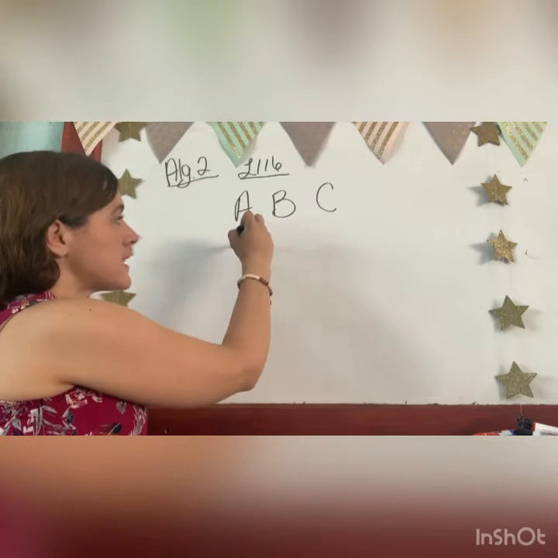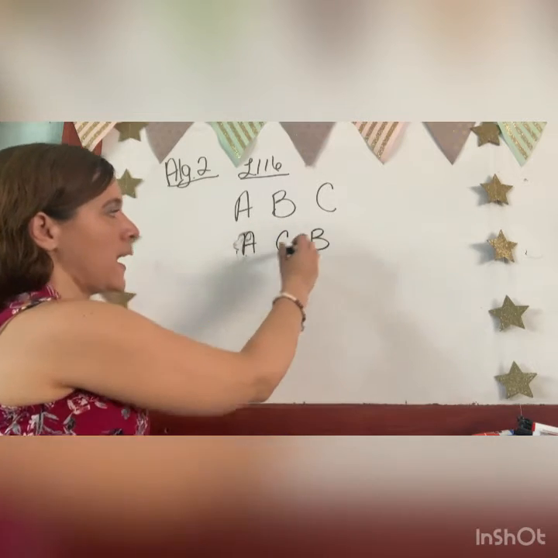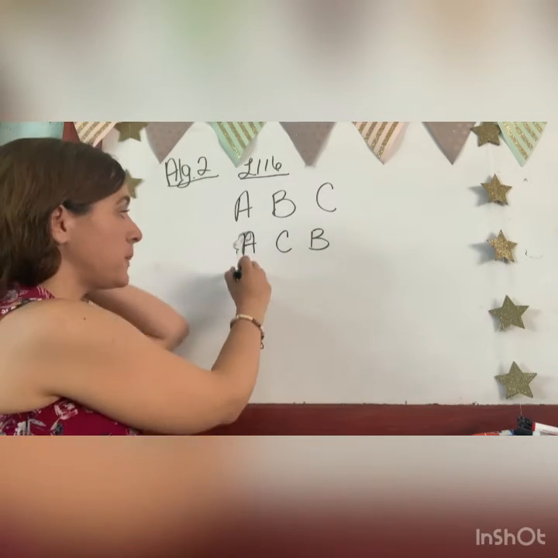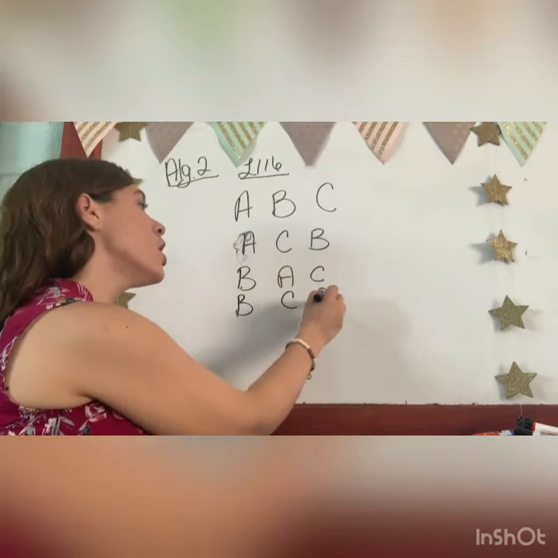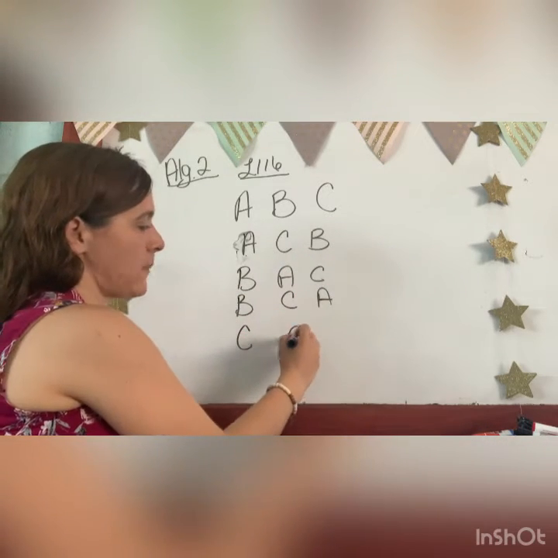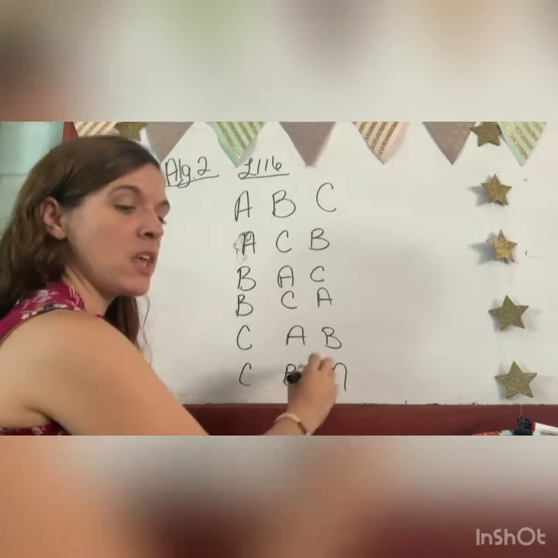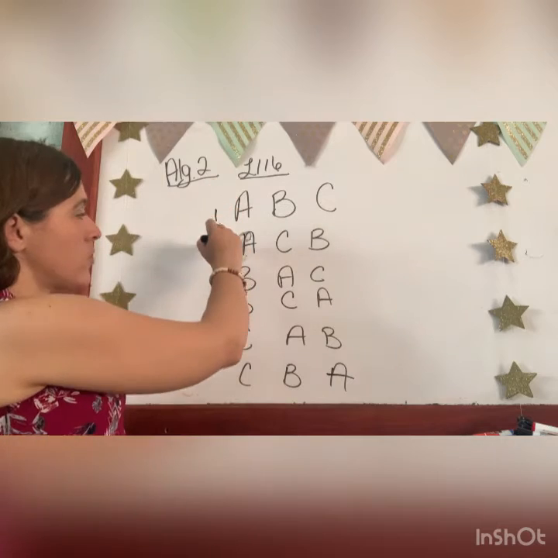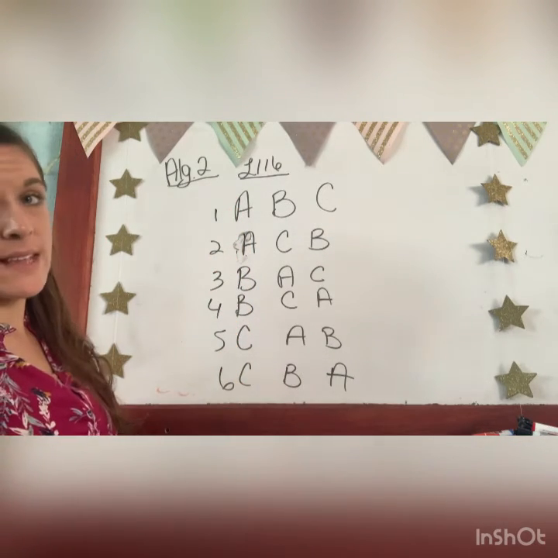You could do A, C, B, that's another way. Then you could put B in front, you could do B, A, C. You could do B, C, A. Or you could put C in front and do C, A, B. Or C, B, A, right? So then you count 1, 2, 3, 4, 5, 6 different ways.